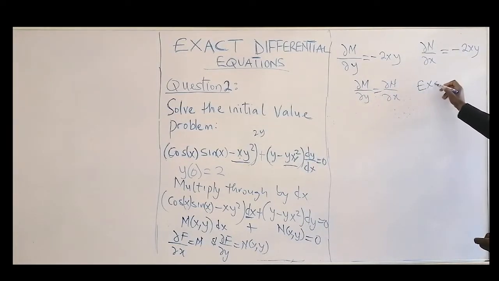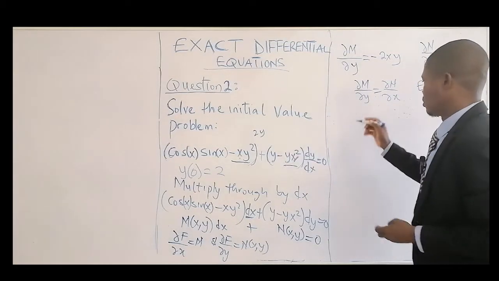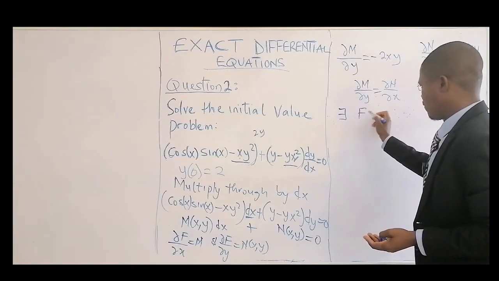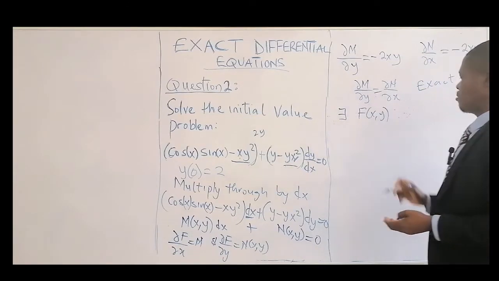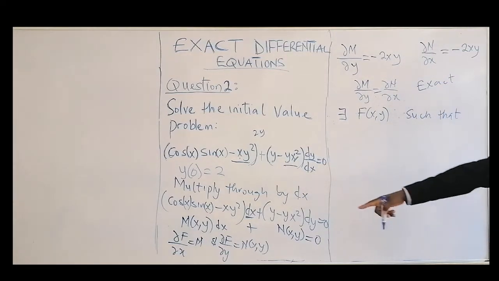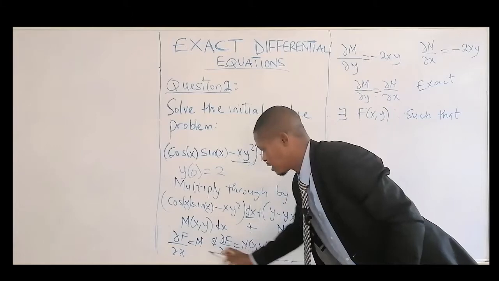This is exact. Okay, so if it's exact, that's not the end. We still have to go on so that we can get the solution for the given problem. If it's exact, then there is a function f such that, as I've already said, I can use any of these to continue and get my solution.